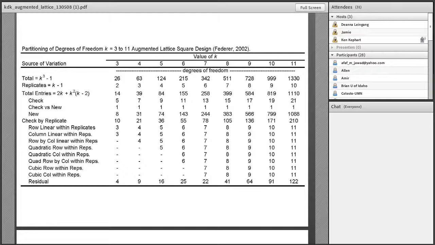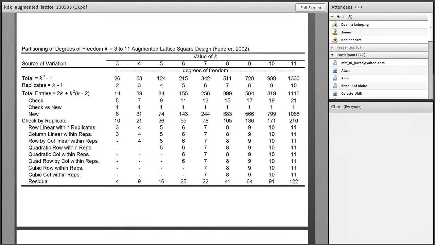I am one of the people that grow this preliminary yield trial, the 16 by 16 double lattice, and one of the issues that we face every year is how do we effectively harvest this without a loss of data?